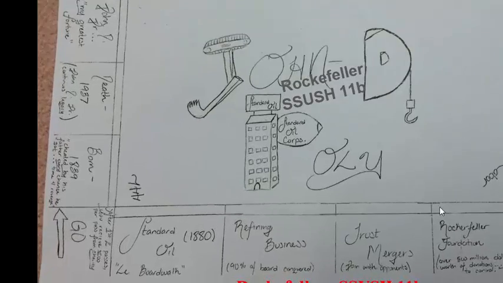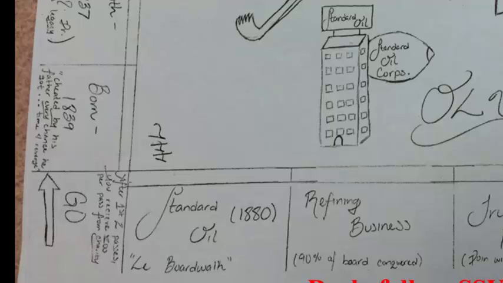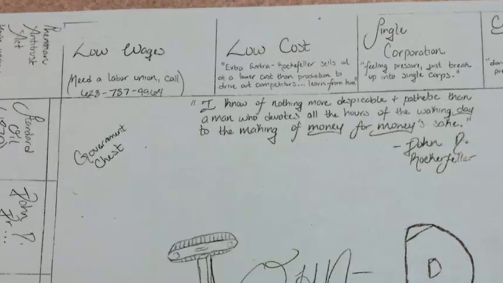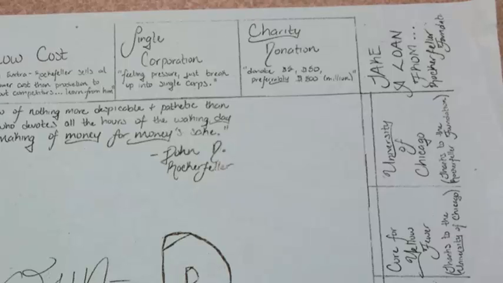You start out in the lower left-hand corner with birth and death, and then as you go clockwise around the board, you come to a whole lot of facts about Rockefeller, how he built his business, the principles on which he operated, the different sides to his life as a businessman, including the philanthropy, the alleged ruthlessness, the vertical integration.